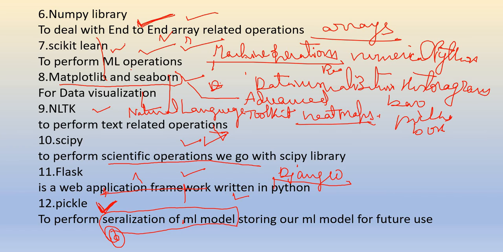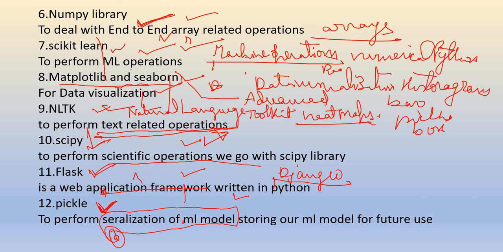Then Matplotlib and Seaborn are used for data visualization, and NLTK stands for Natural Language Toolkit, for text processing and similar operations. SciPy is Scientific Python, and Flask is a web application framework, and one more web application framework is Django.